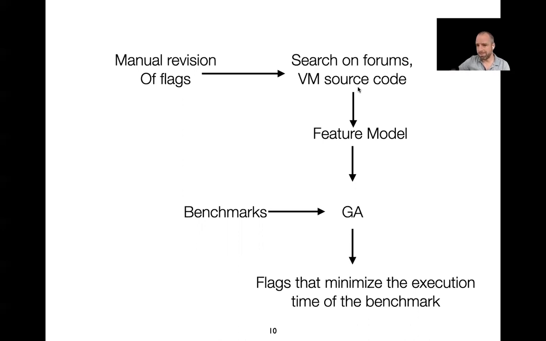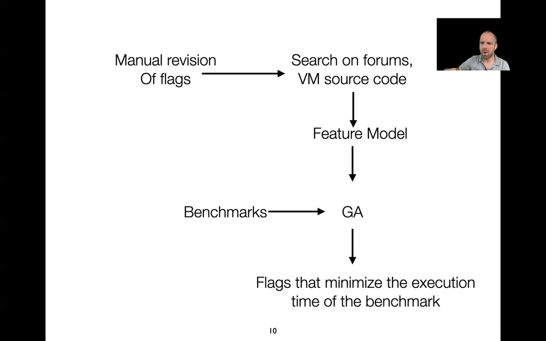As a result, we built the feature model, which contains some constraints. On the other hand, we have a set of benchmarks, and we feed the benchmarks together with the feature model to the genetic algorithm. The genetic algorithm is able to identify the flags that minimize the execution times of the provided benchmarks.